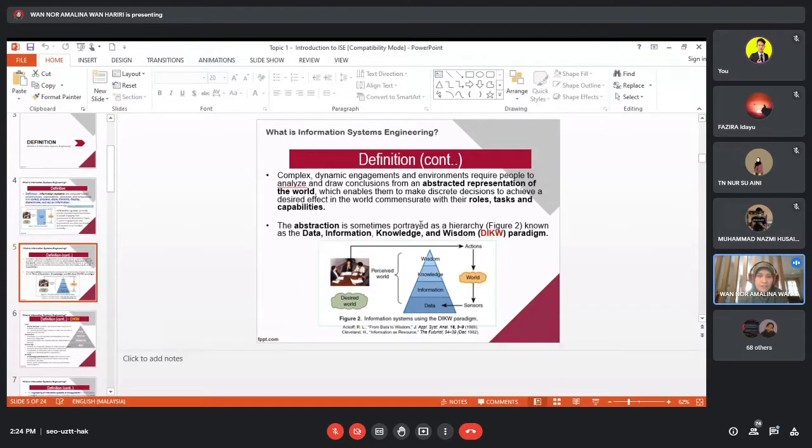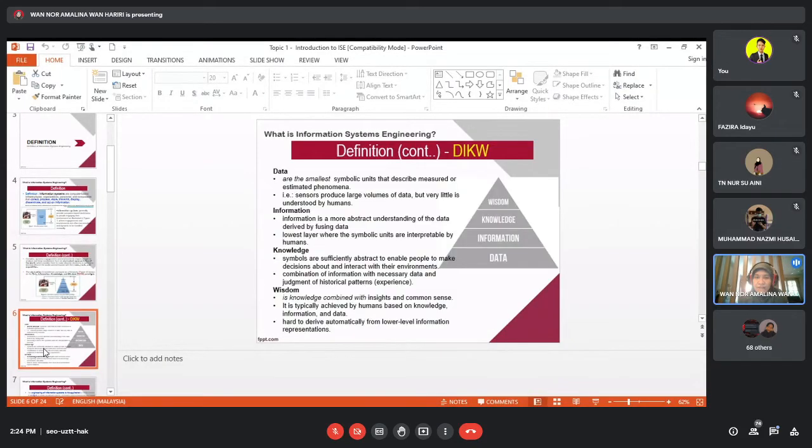And the abstraction is sometimes portrayed as a hierarchy. What's the hierarchy? It starts off with data, the lowest in the hierarchy, moving on to information, then knowledge and also wisdom. What's the difference between data, information, knowledge, and wisdom?